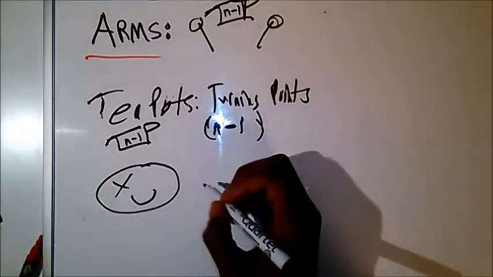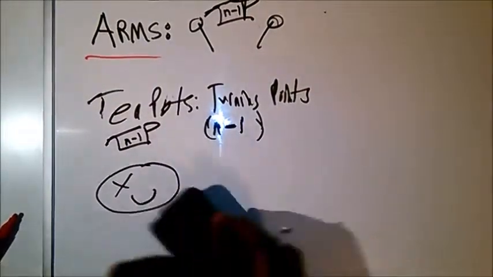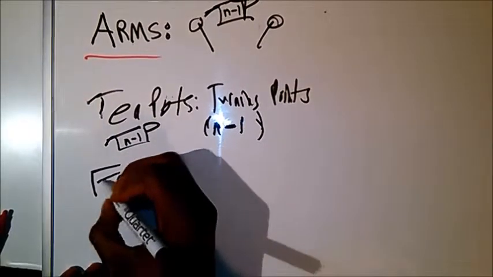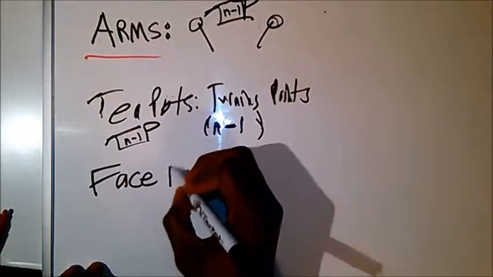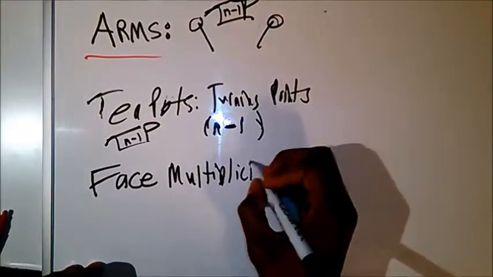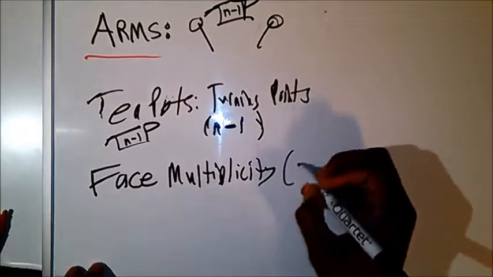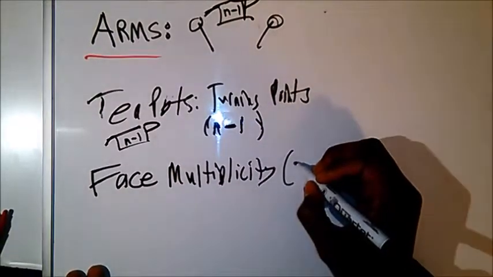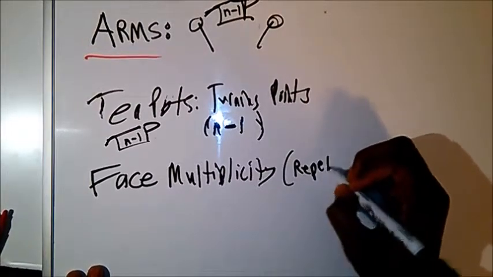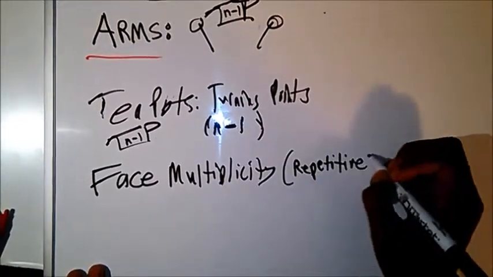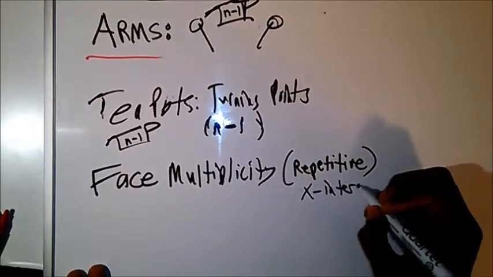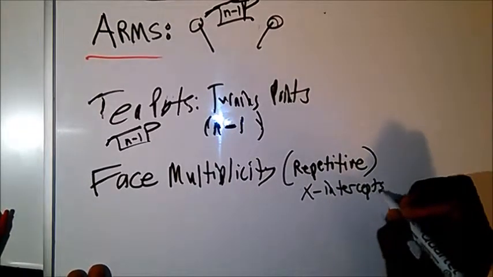And this involves determining, what I call this third step, the face step, the face multiplicity step. It involves determining how repetitive the x-intercepts are. Right? It involves the x-intercepts.